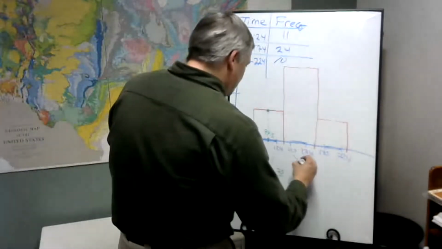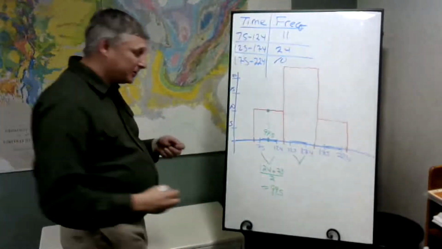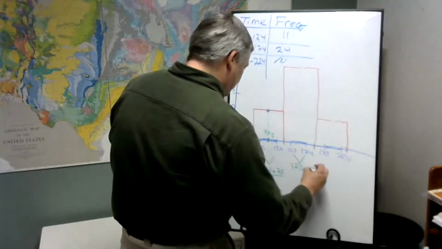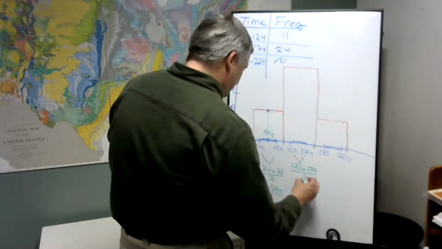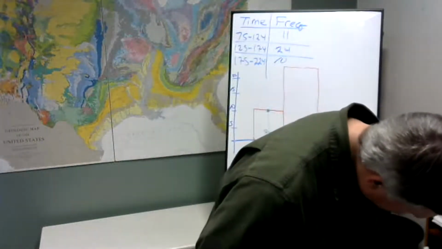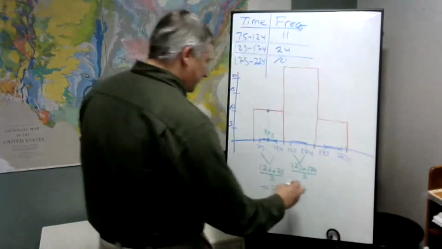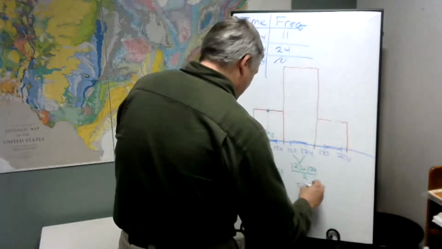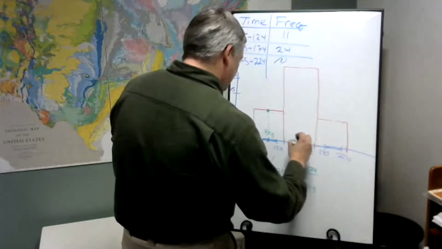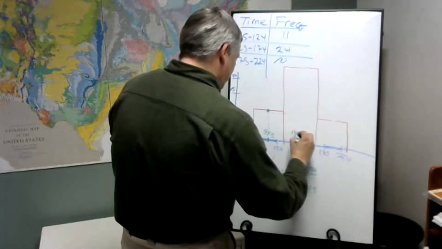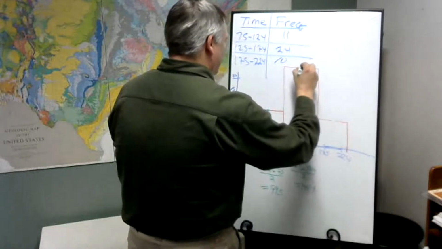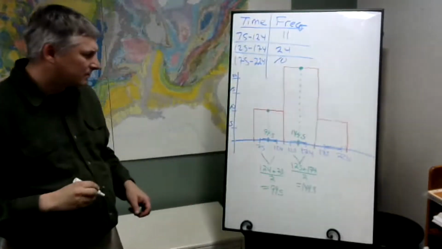For these two, again, using class limits, not boundaries. Add them up. And let's see, what do we get for that? 149.5. So the middle value here, 149.5, and there we get a point.